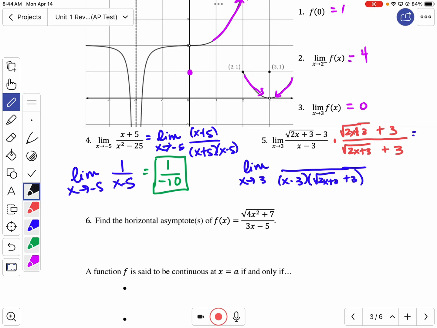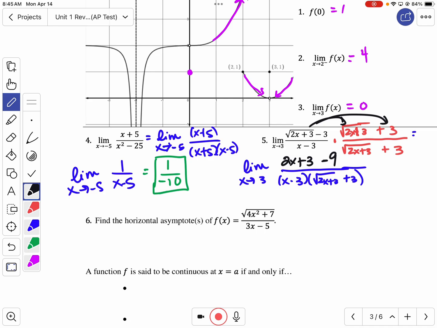And so if I do that, okay, we'd lose the middle term, so square root of 2x plus 3 squared would be 2x plus 3, okay? Minus -3 times +3 would be 9, okay? All right, and then we're going to simplify a little bit.